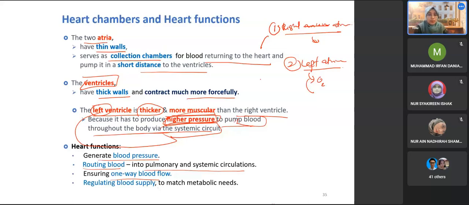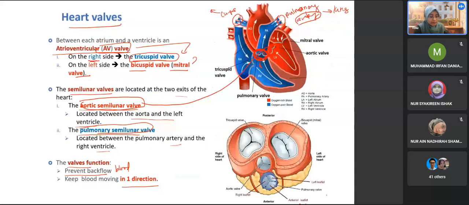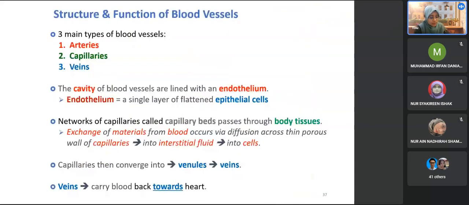So now we are going to look at the structure of blood vessels, the function and the structure of blood vessels. So there are three main types of blood vessels, which is the artery. So it is colored in red. Why? Because tak apalah, you just ignore, sebab dia tak boleh nak apply for pulmonary artery.